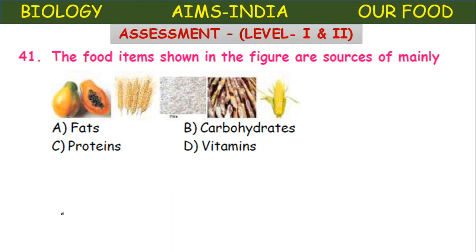The food items shown in the figure are the sources of mainly. So here potato, papaya is given, then wheat is given, rice is given, sweet potato, corn. Fats, carbohydrates, proteins, vitamins? So it's all rich in carbohydrates.